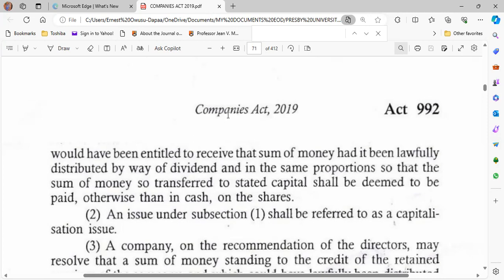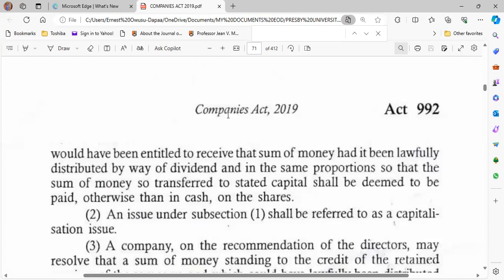I mean, 77.1 simply means that the company, having made enough surplus or profits, instead of saying that this is the profit we are going to distribute as dividends, for some reason may need more money, and may not want to dilute the shareholding structure by allowing outsiders to come and take some of the initial shares.